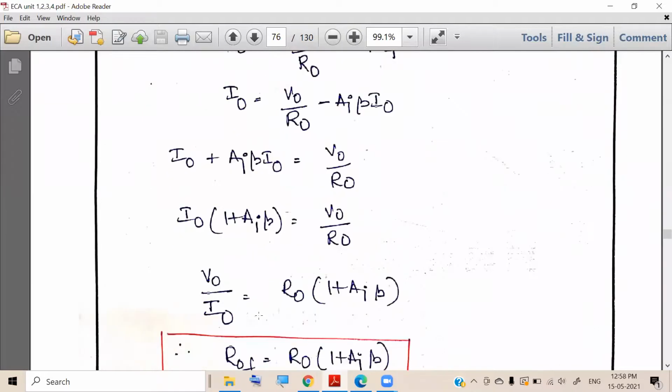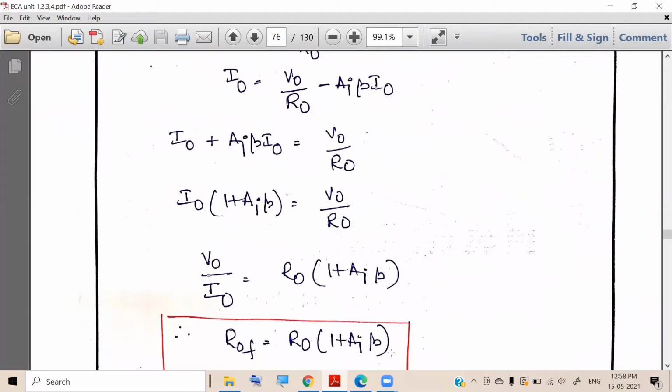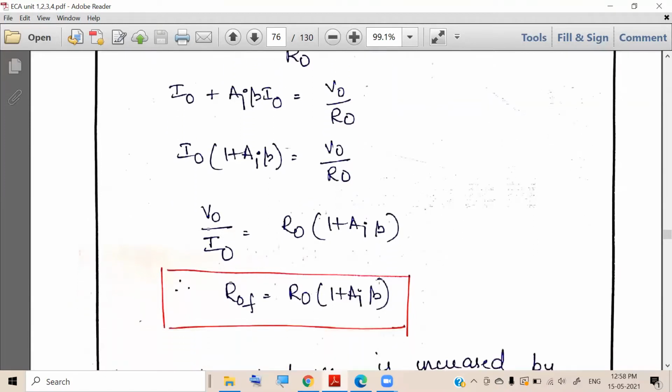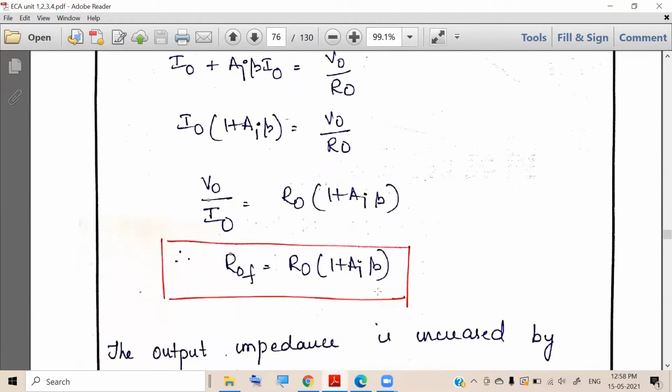V naught by I naught is nothing but the output resistance with feedback, which is R naught into 1 plus AI beta. So as discussed, the output resistance is increasing by a factor of 1 plus AI beta.